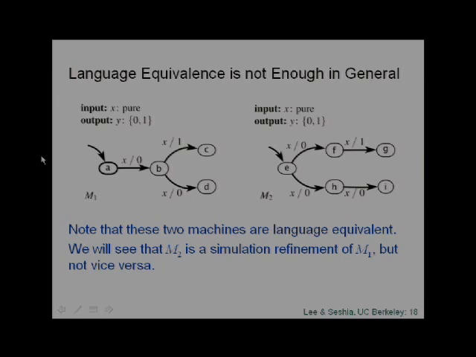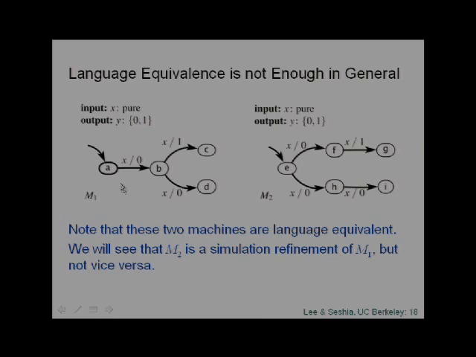So if we are executing these two in lockstep, for example, X is present in the first step, so M1 goes from A to B, but M2 has to make a choice whether to go from E to F or E to H.